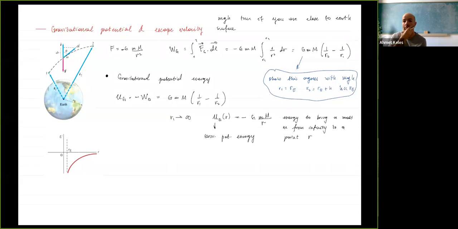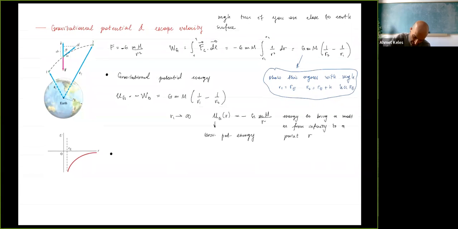Good. So here, actually, there is something interesting I want to define. Okay, I want to define something called escape velocity. Now I want to calculate the total energy at any given point.